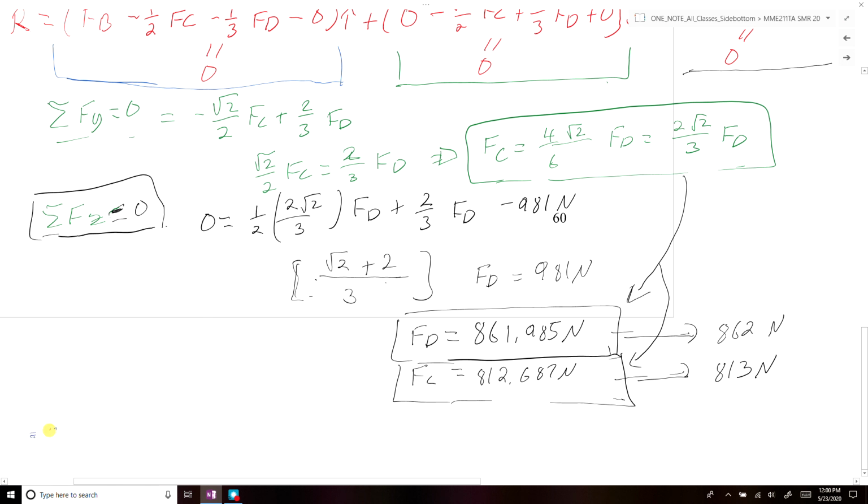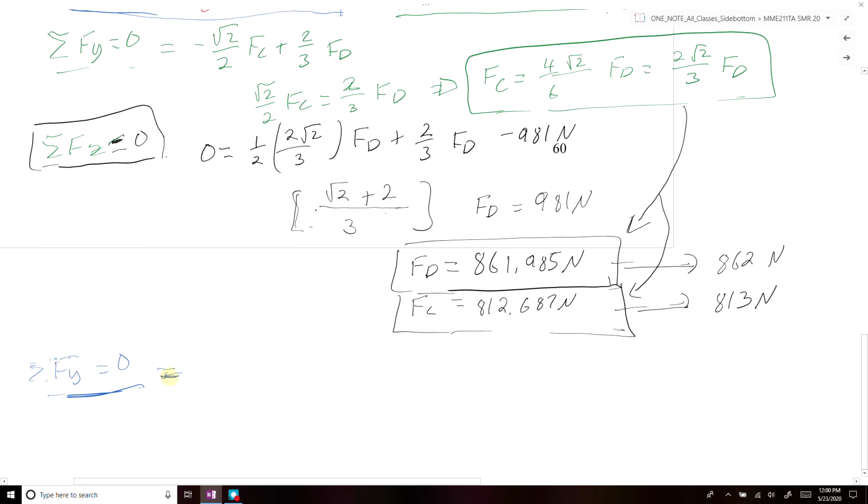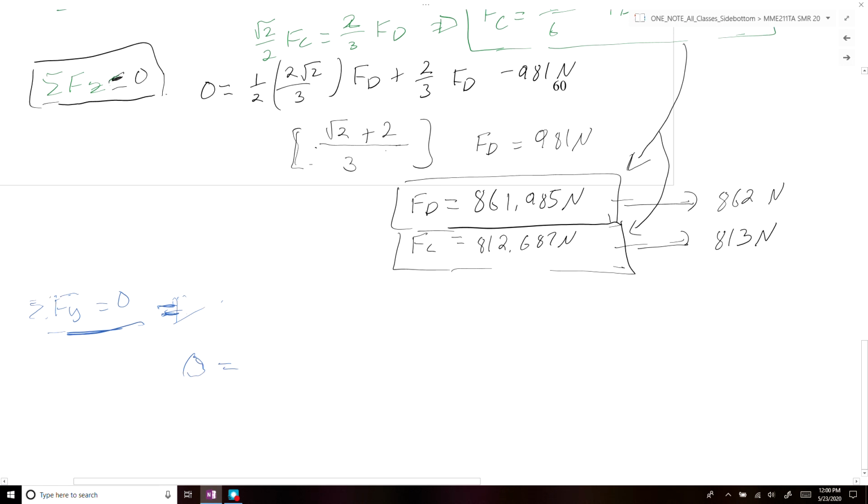So if we do that, what we'll end up getting is 0 is equal to FB minus FC over 2 minus FD over 3.